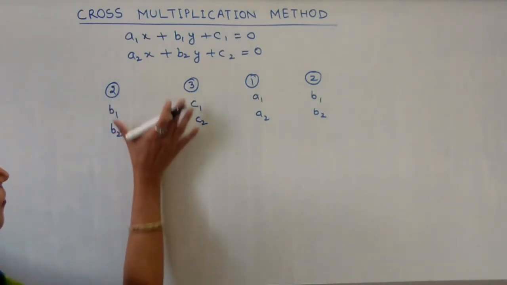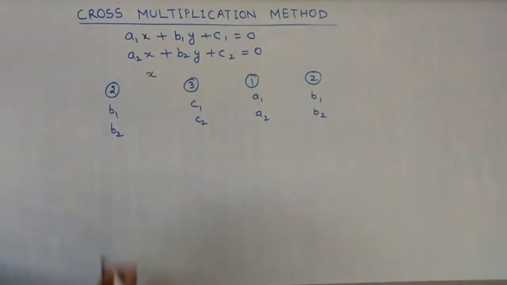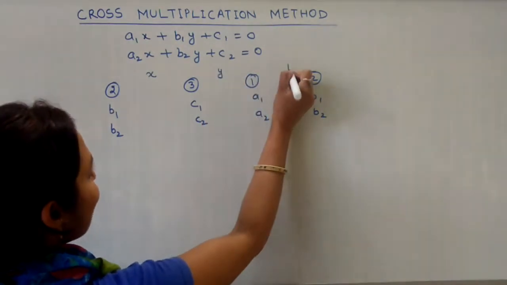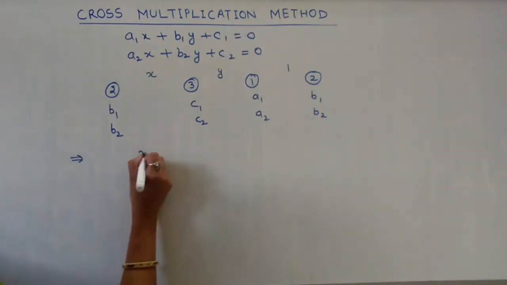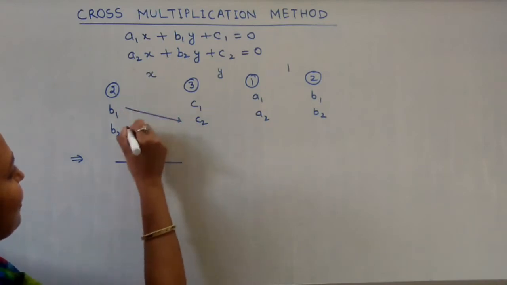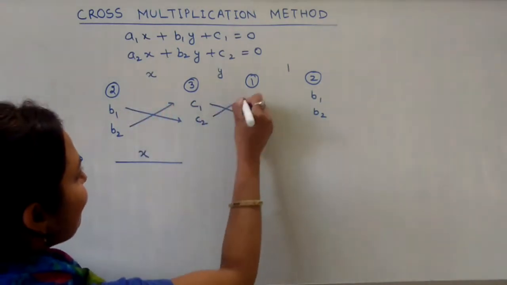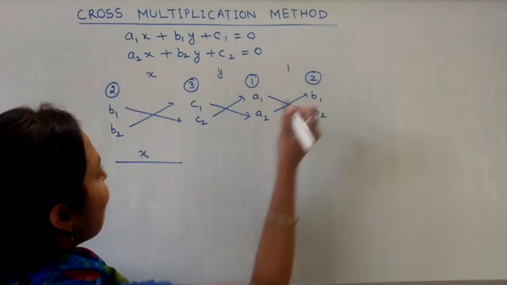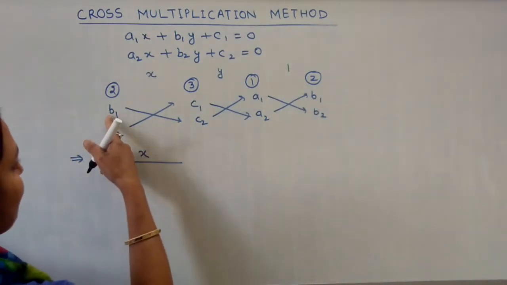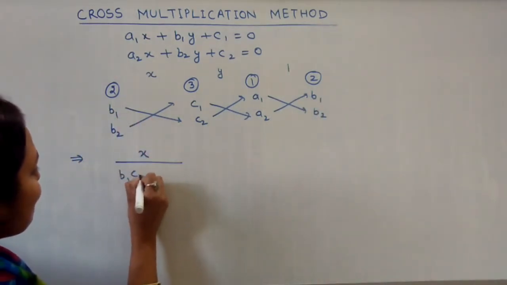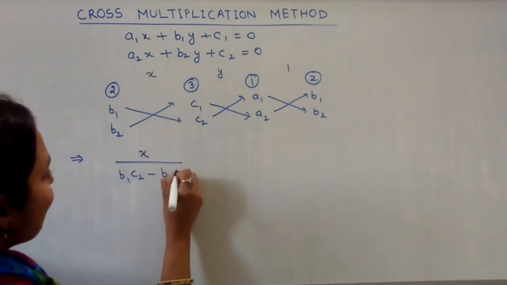In these two terms, by solving these two terms, we get x, then y, then 1. How we can get x upon? We will take the cross multiplication like this. What is the cross multiplication? b1 c2 minus b2 c1.